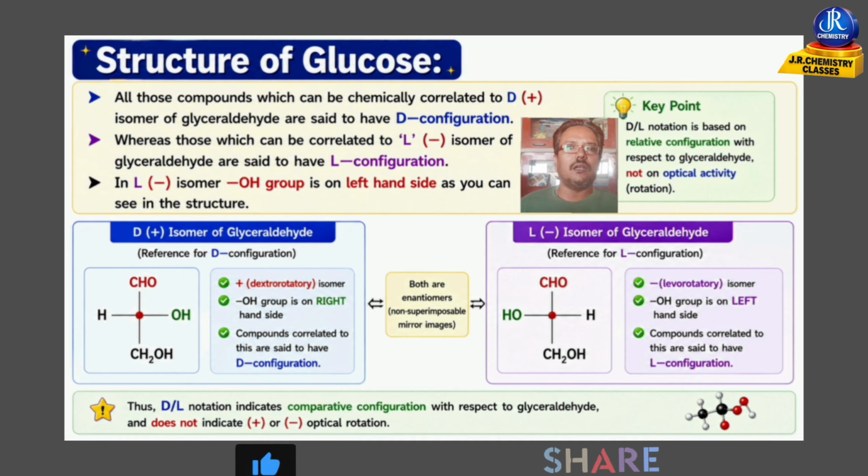In L isomer, the —OH group is on the left hand side, as you can see in the structure.